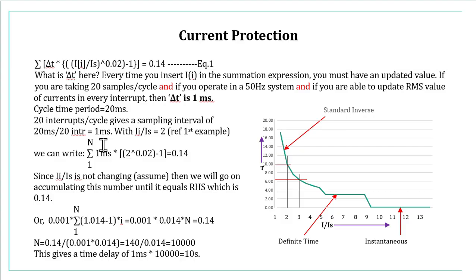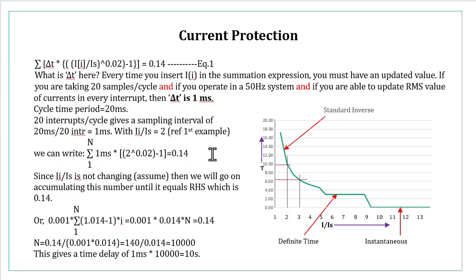Now, with I upon IS equal to 2, we can write sigma 1 to n of 1 millisecond into this, the same thing that is written here. And this is equal to 0.14. After how many n's, after how many summations will you have 0.14?